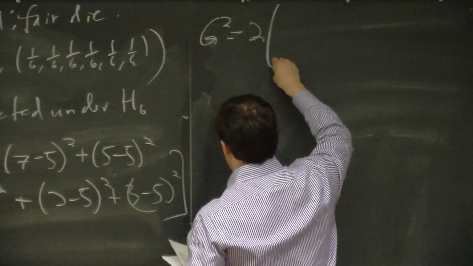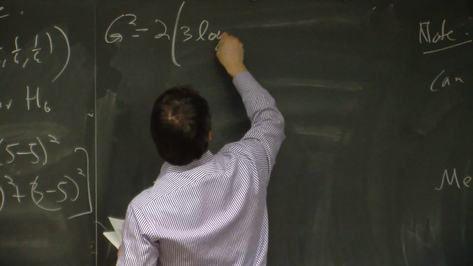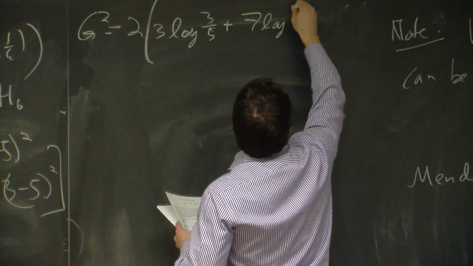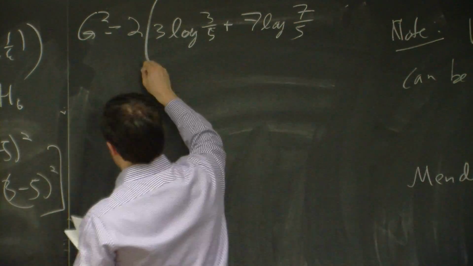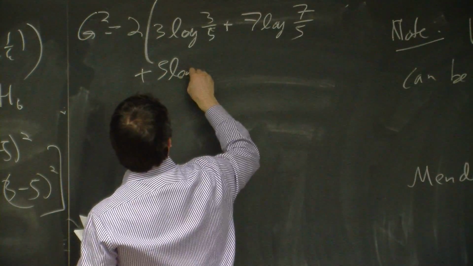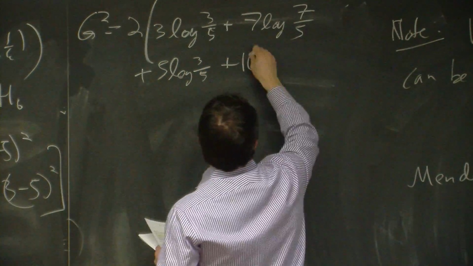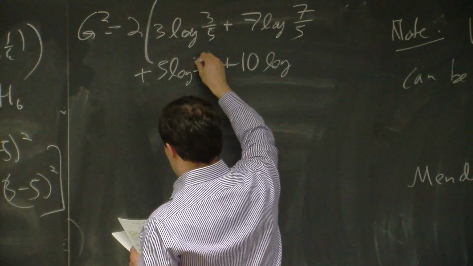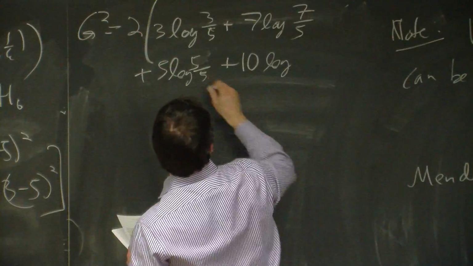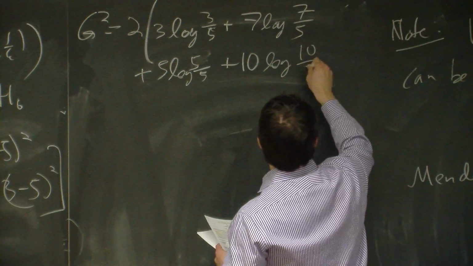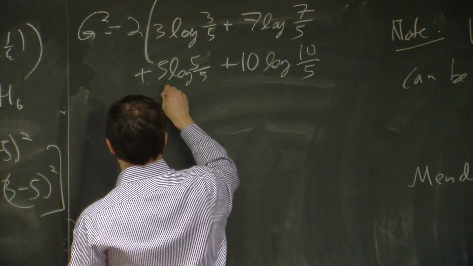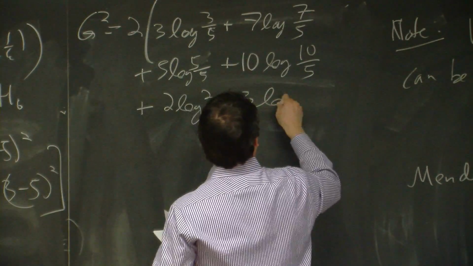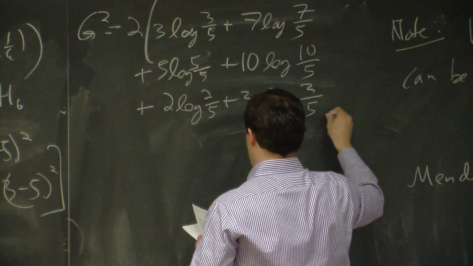That's twice the sum of observed times log of observed over expected: 3 log 3/5 plus 7 log 7/5 plus 5 log 5/5 plus 10 log 10/5 plus 2 log 2/5 plus 3 log 3/5.